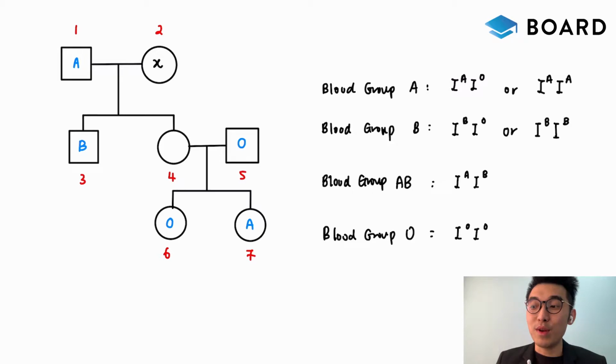But when we look at blood group O, on the other end, it is a recessive allele. A recessive allele does not express itself if there is only one, it only expresses when both are the same type of recessive allele. So blood group O is quite easy to predict. It has to be IOIO. Whereas blood group AB is quite unique, we call it codominance. What is codominance?